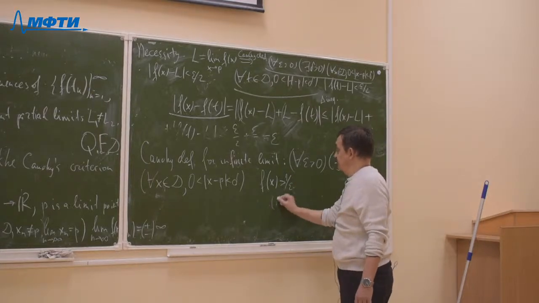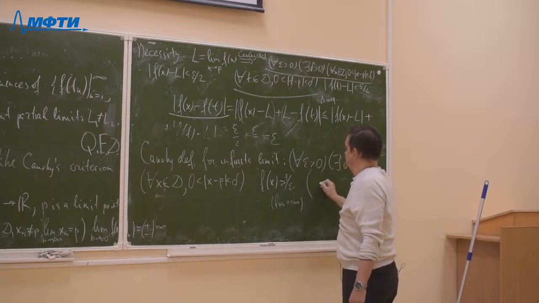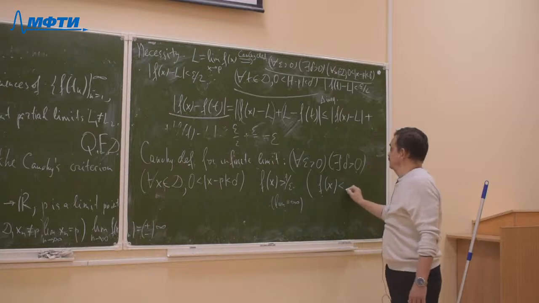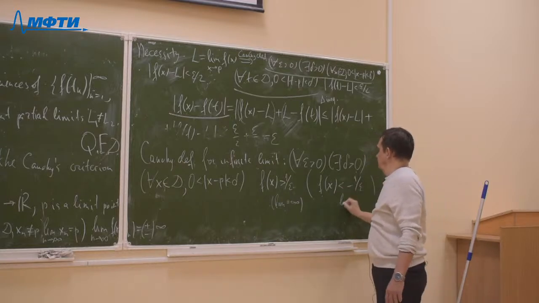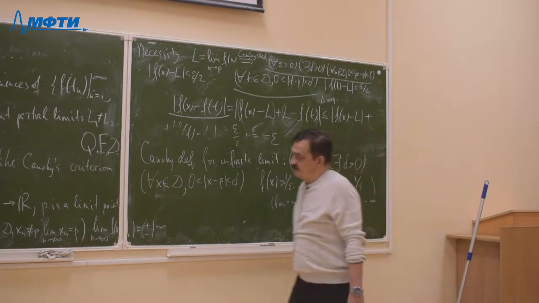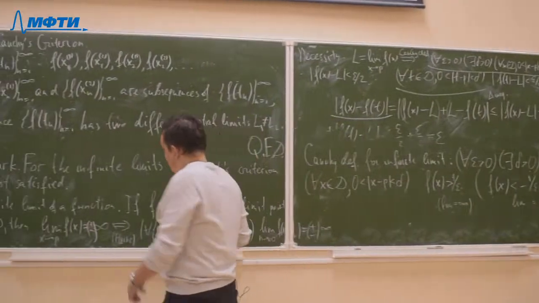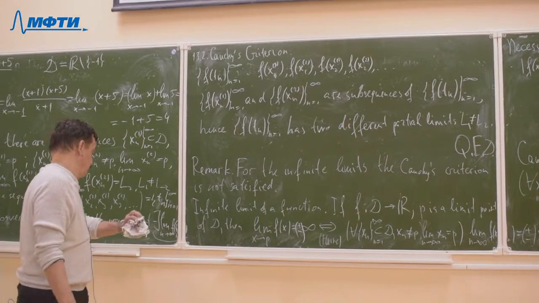That is for limit plus infinity, and f of x less than minus 1 over epsilon for limit minus infinity. So for infinite limits, the Cauchy criterion is not satisfied.